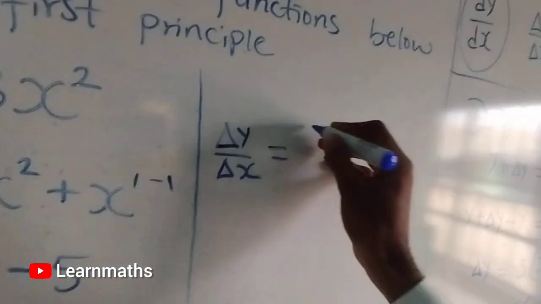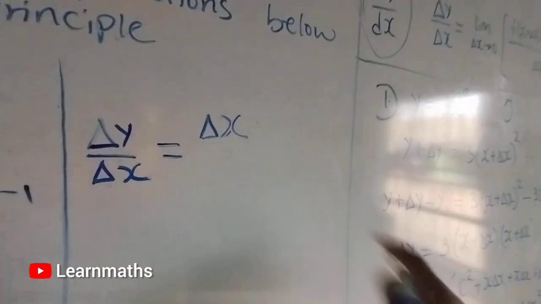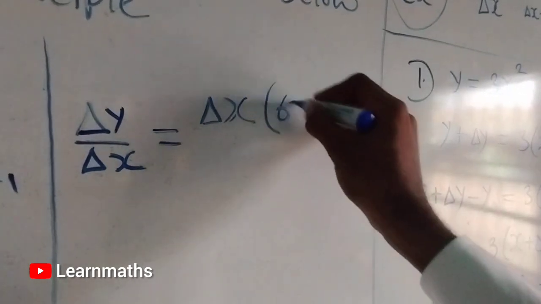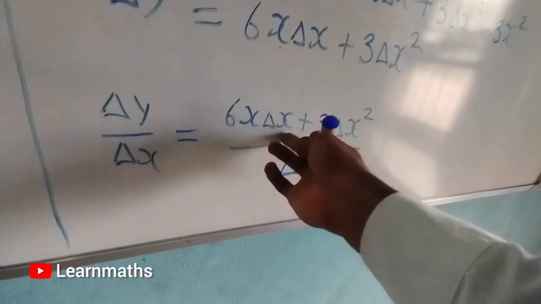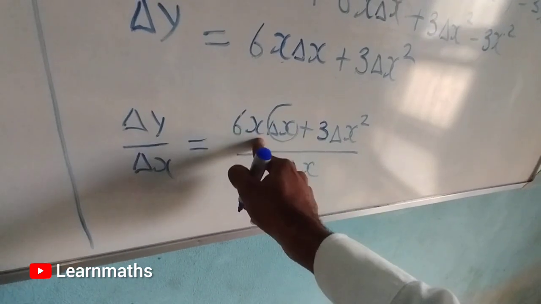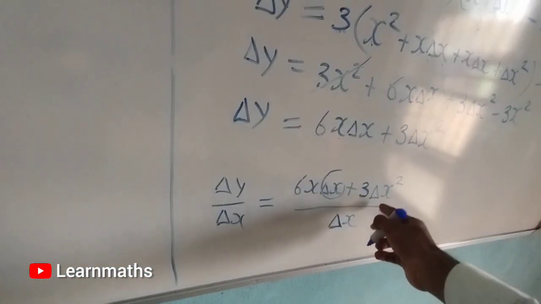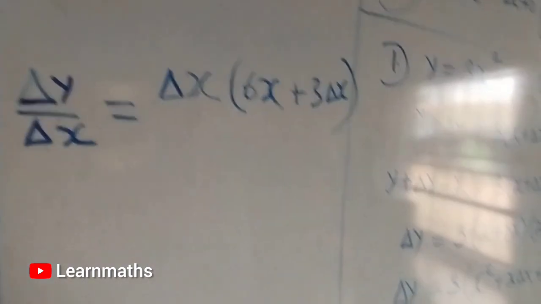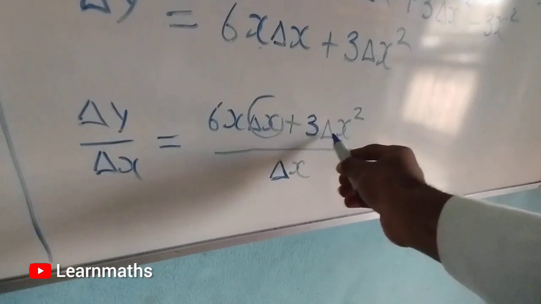Alright, so factorizing this, we're going to have change in x, which we have in both terms, right? We're factoring it out. You're going to be left with 6x if you bring out change in x from 6x change in x, you understand? How about if you bring out change in x from this? You'll be left with 3 change in x, right? Why? This is 3 change in x squared.